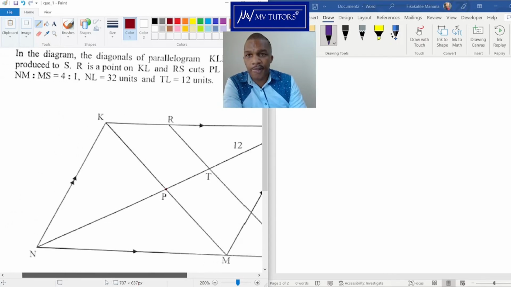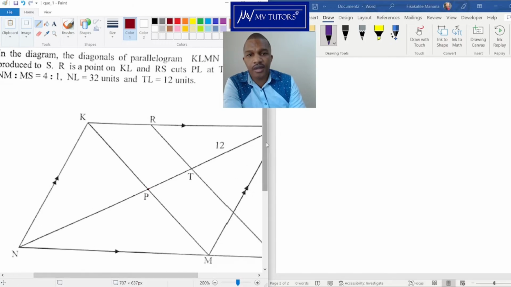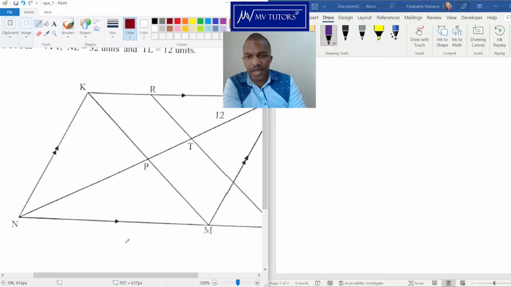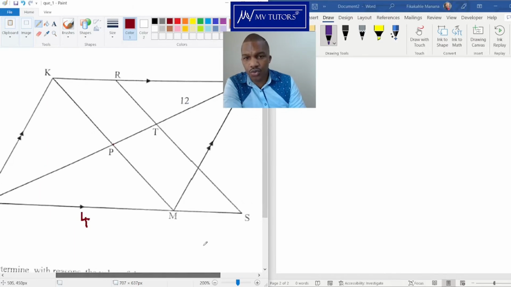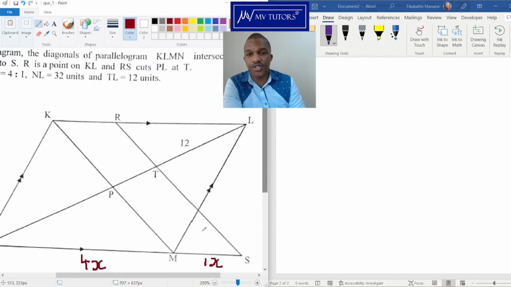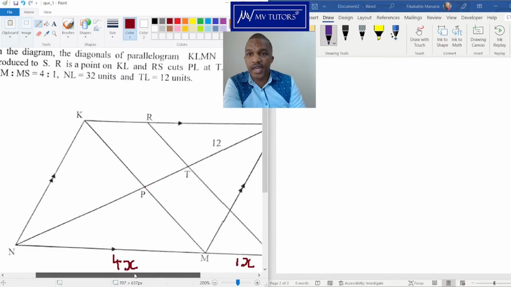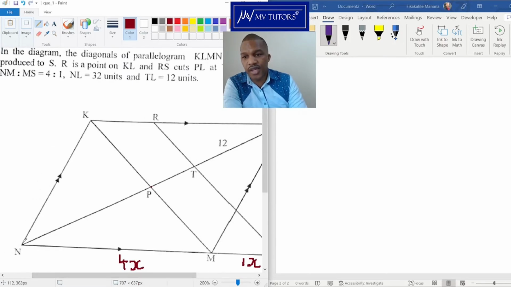Okay, so NM is to MS is 4 is to 1. Let's find NM. NM is 4 is to 1 to MS. Whenever you write these ratios, these are not units, so you need to put a variable like X. Those are just ratios. And then they say NL is 32 units. Let's find NL, which ends there.